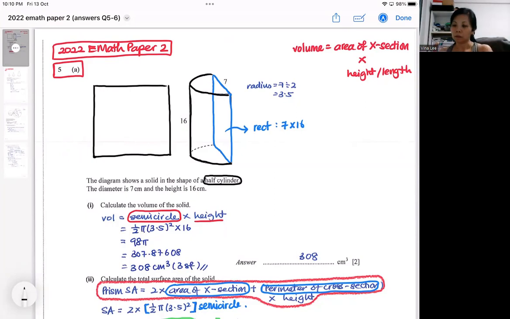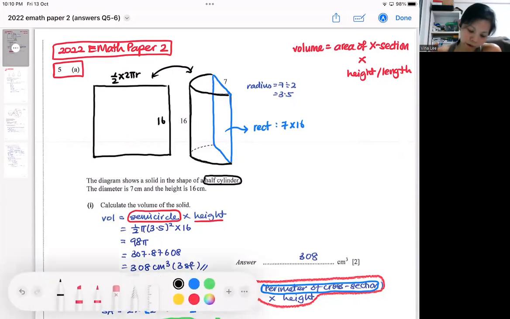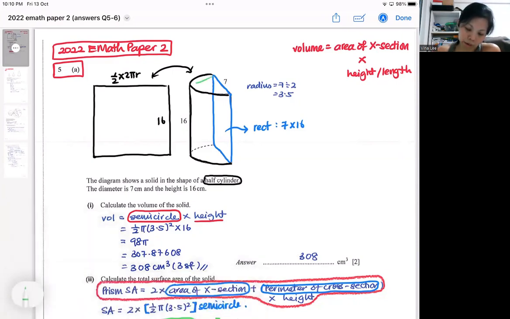For the big piece of rectangle in this case, the length will be the semi-circumference, and then the height will be 16. Of course, your surface area will include the two semicircles which become a full circle.